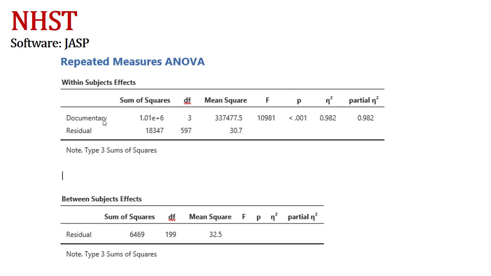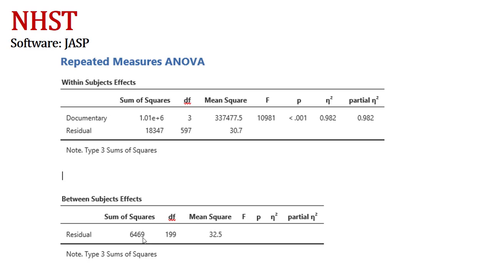So we've got a number of aspects here. So this is the model documentary. So that's the sum of squares of the model. That's the sum of squares not explained by the model, but there is another extra residual sum of squares, which is the between subjects residual.